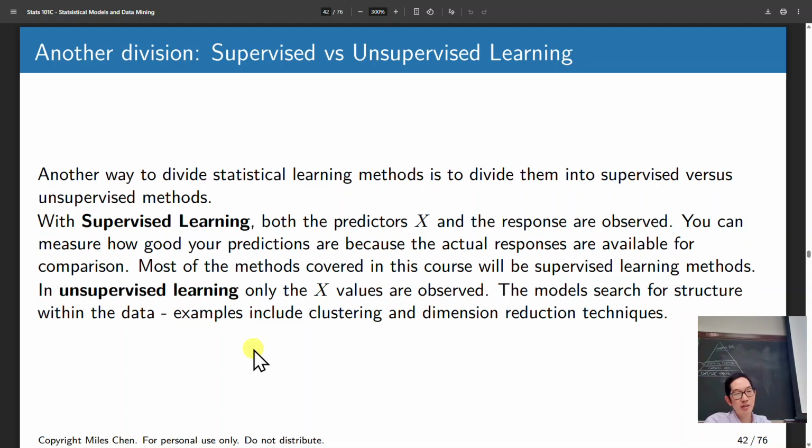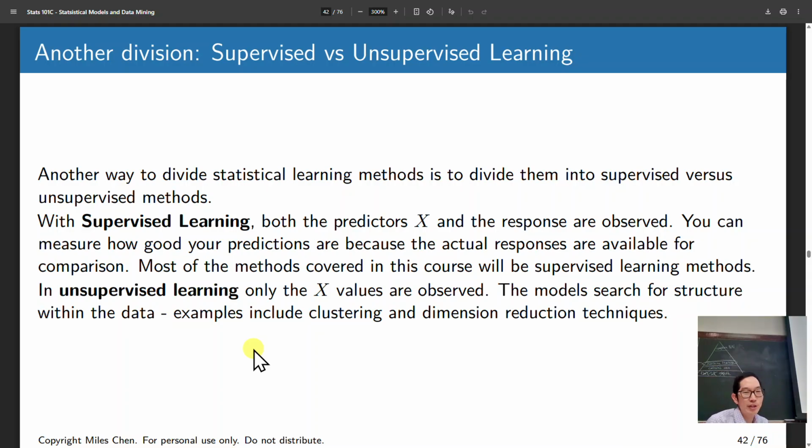Unsupervised learning is like you don't have the answers. I give you a practice exam, and I don't give you the answers. Now you think you know the answers, but until you talk to someone else, you don't really know how well you've done, how good your performance is. With unsupervised learning, a lot of times you're looking for structure within the data.